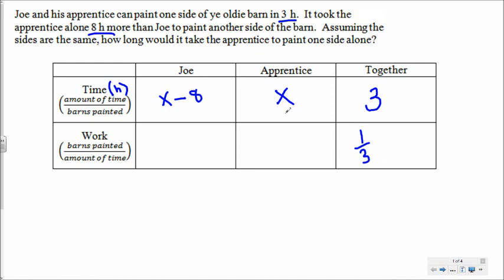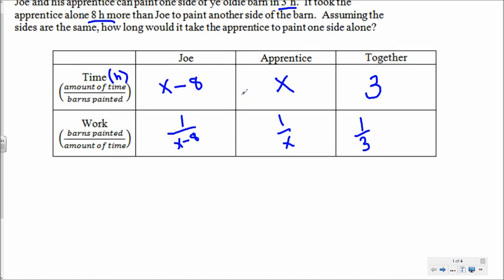Extending that relationship to Joe and his apprentice, the amount of work Joe gets done per hour is the reciprocal of his time, and the same goes for his apprentice. Okay, so now I need to get some relationship here. If you think about what they're doing, they're actually working together to complete this barn.